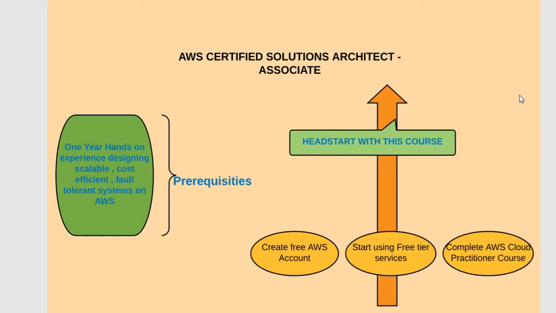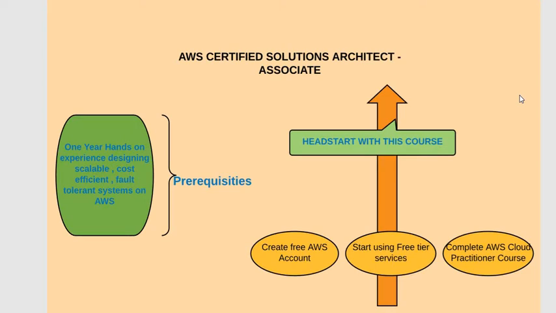The prerequisites, according to me, that you should have immediately are: you should have a free AWS account created. You should start using the free tier services being offered, like provisioning some EC2 instances, T2 micro instances that are eligible under free tier, and you should definitely go through the cloud practitioner course.